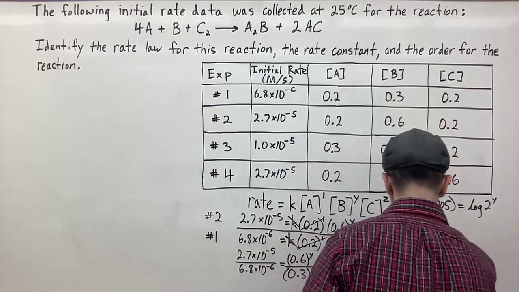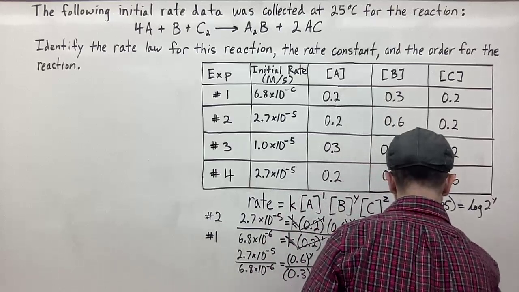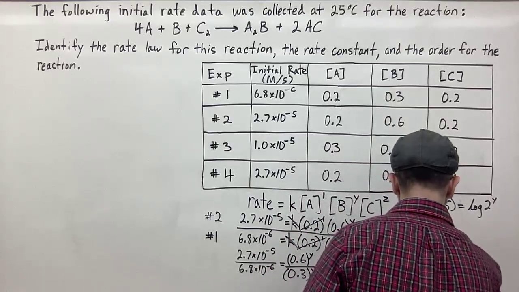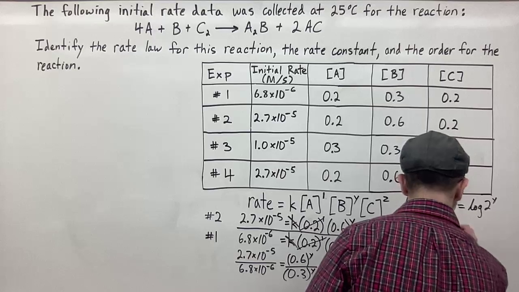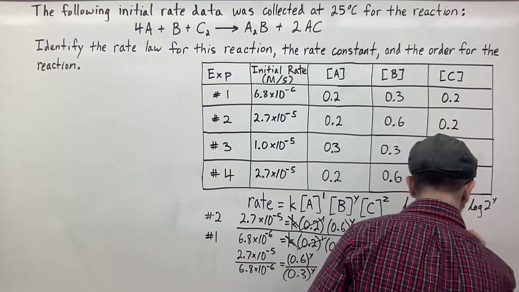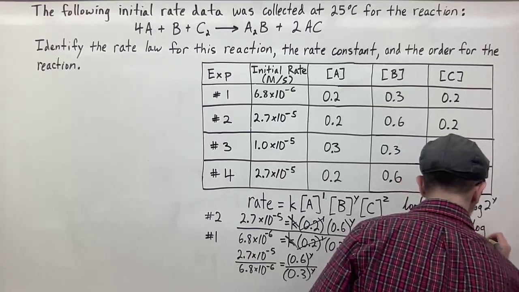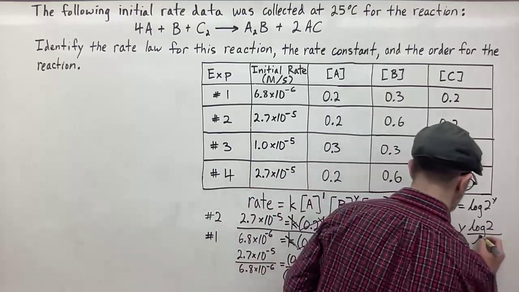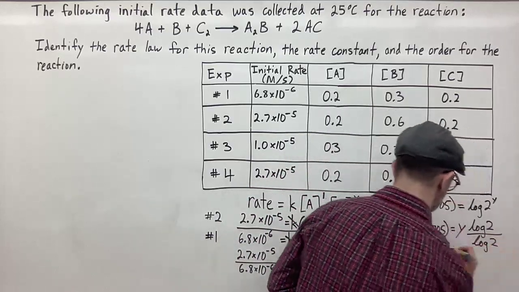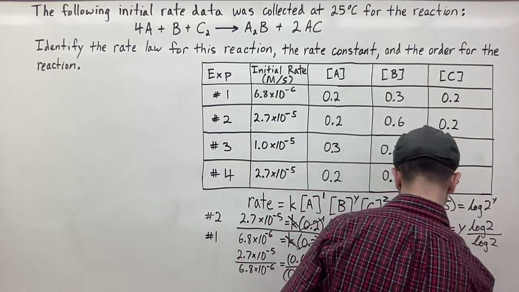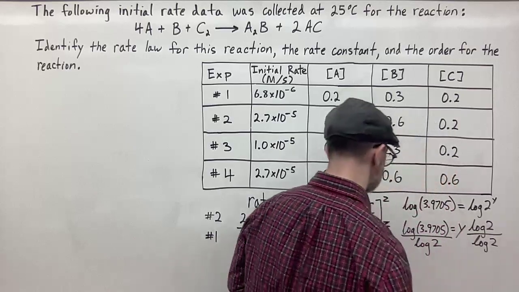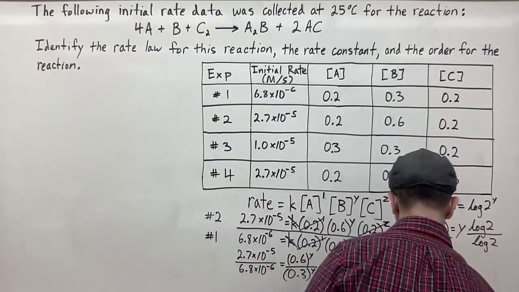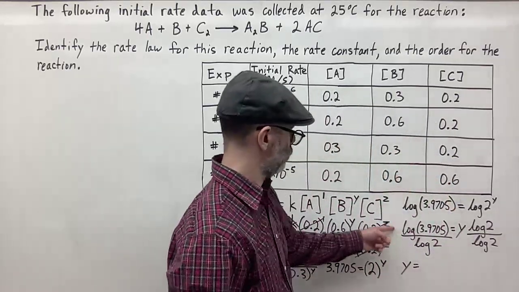So the log of 3.9705 is equal to y times the log of 2. So now I'm going to divide both sides by the log of 2. And so now I can calculate y is equal to these two divided.